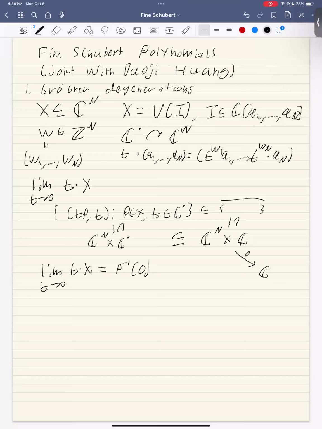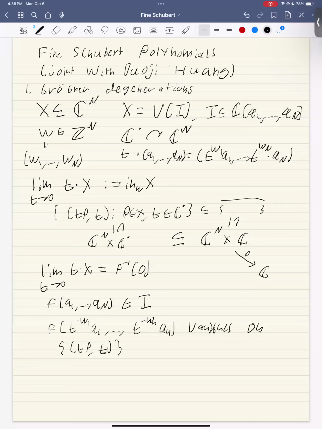And then this polynomial doesn't really extend. It might not extend to define a function on C to the n times C, because when you write it out, there might be a bunch of copies of T inverse in there, which is not defined at 0. But you can multiply through by some power of T to clear the denominators.